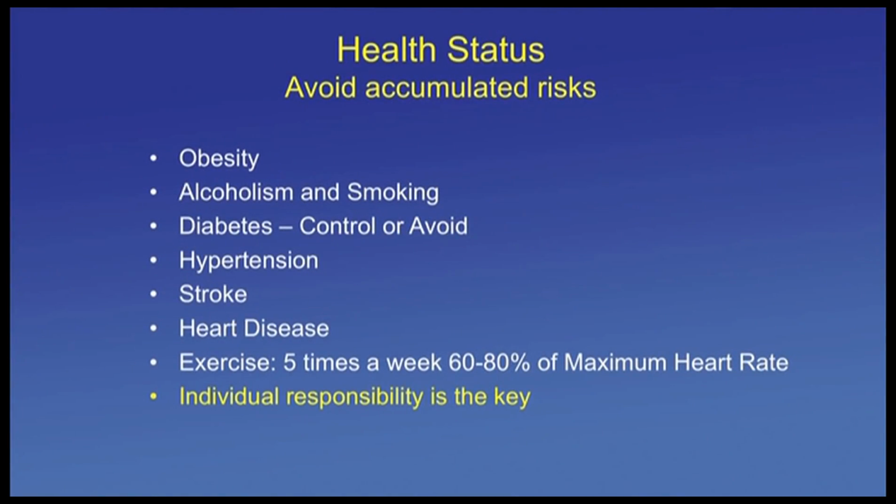There are recent studies now in Parkinson's disease and some other neurodegenerative diseases that exercise is of benefit. So if a person exercises 5 days a week and gets his heart rate up to 60 to 80% maximum heart rate, he has a significant chance of reducing the progression of the disease. Importantly here, individual responsibility is the key for all of these above mentioned items.